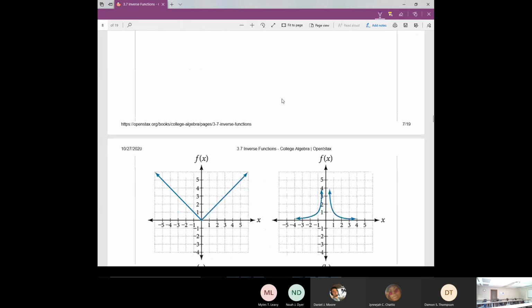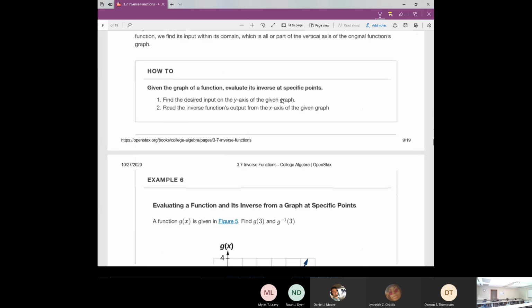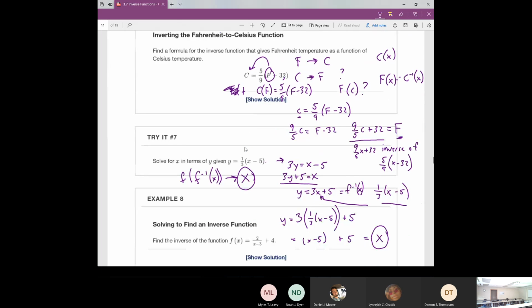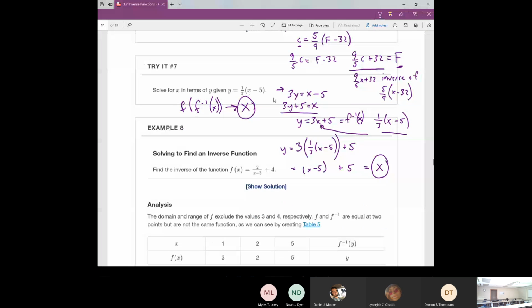So mathematically, I think the easiest way to find the inverse is to just solve for y, and then you have the inverse. So let's see how I did that again. I have this as y, or this is the current value for y. Let's solve for x, get x by itself.